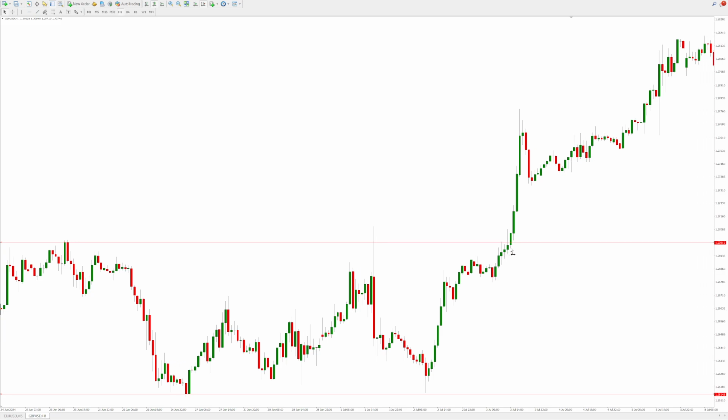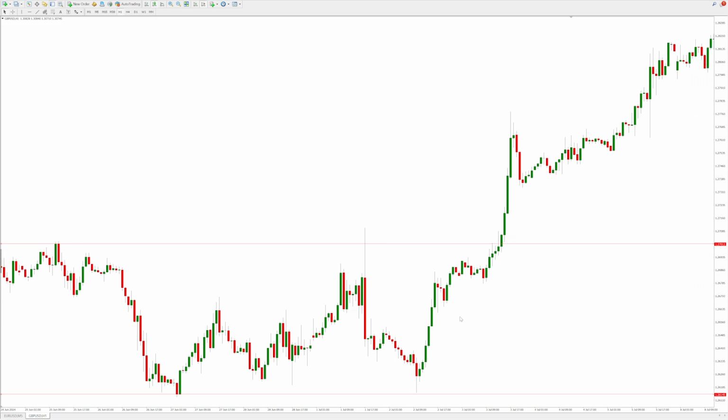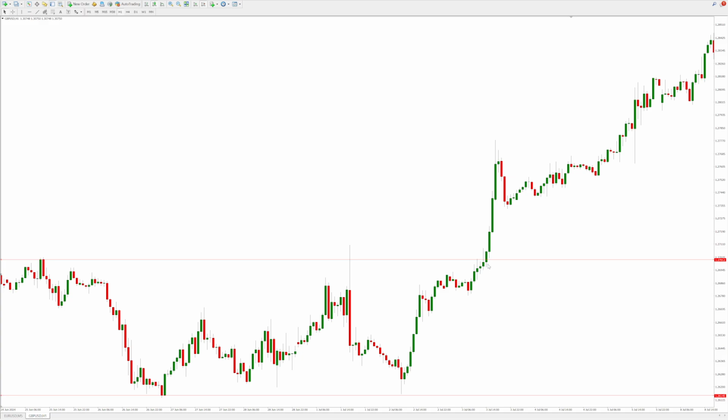Okay, so what you're looking to do is to enter on the breakout of the resistance following the triple bottom candlestick pattern. And that occurred here, as you can see. Some traders may enter as soon as price crosses above. However, some may want to wait for the candle to close above, as it did here.